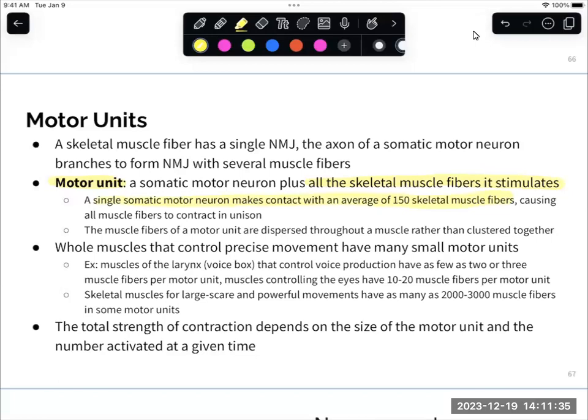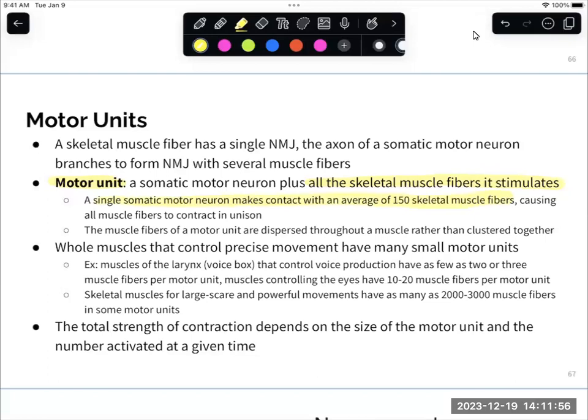So when that one neuron goes out to all of these different muscle fibers, a stimulation from that one neuron is telling all of those fibers that it's attached to contract.